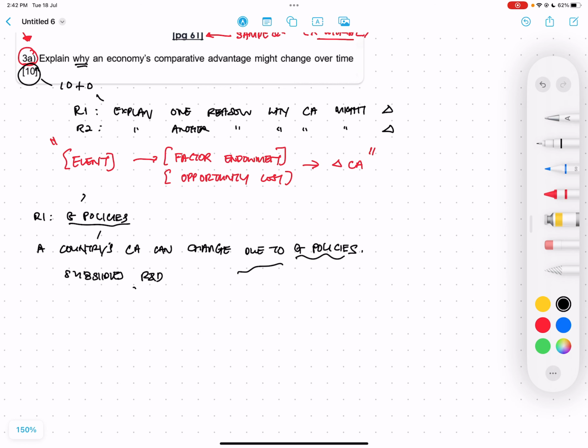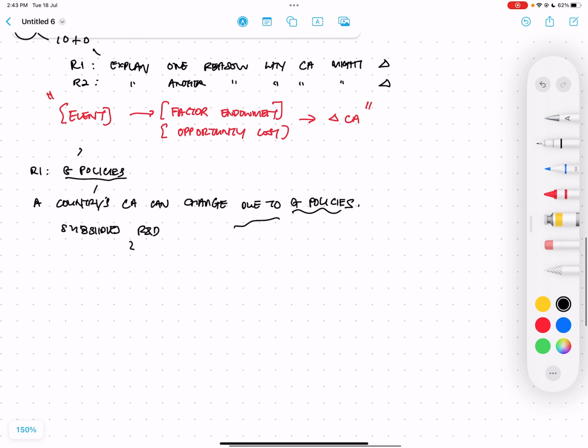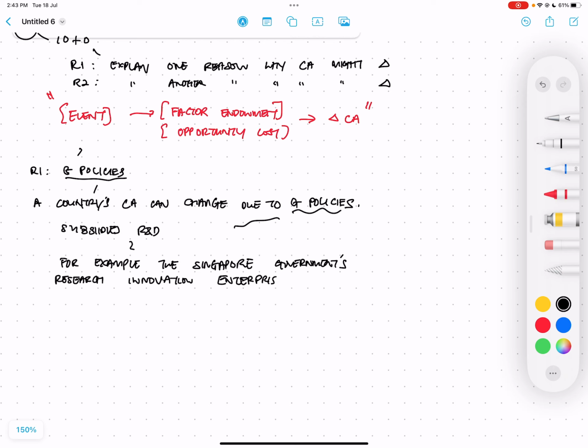So the example I'm going to give is the Singapore government's Research Innovation Enterprise, or RIE, 2025 plan. Let's elaborate on the plan.